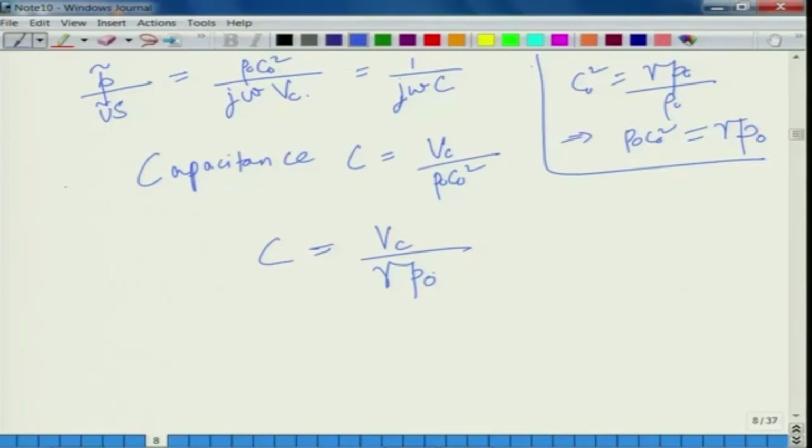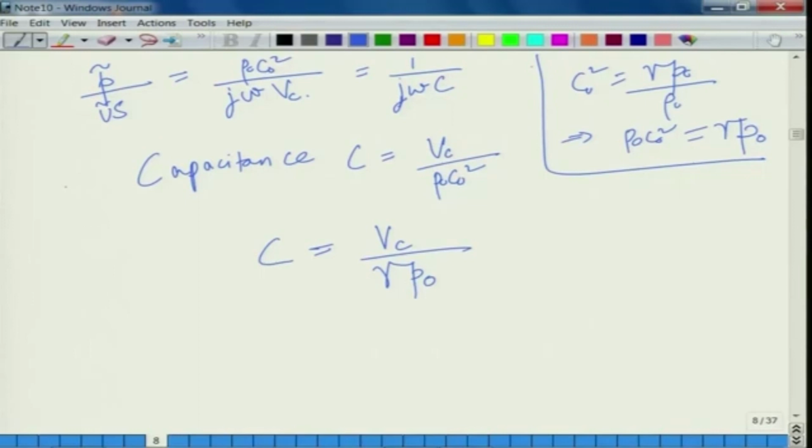P naught is your ambient pressure, it can be 1 atmosphere, gamma is your adiabatic constant, and V c is the volume of the cavity. Basically, pushing a piston into a long cylinder is much easier than pushing into a shorter one, because clearly if the volume V c is less, you have a shorter cylinder. So, it offers much more impedance compared to a cylinder that is much longer or has a larger volume.